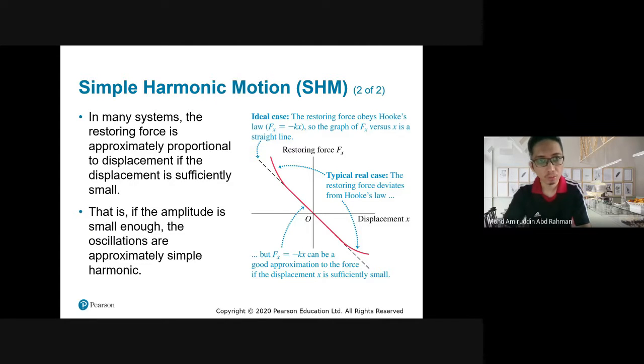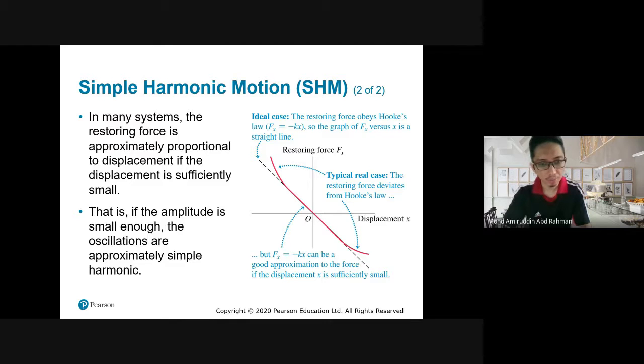You can see that sometimes Hooke's law is not obeyed, so the restoring force versus displacement is not as linear as it should be.